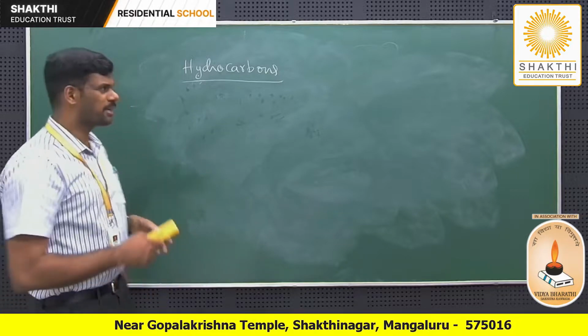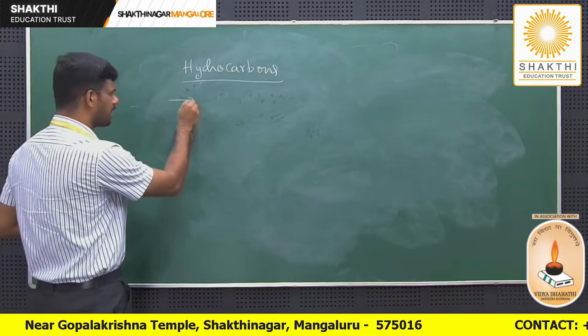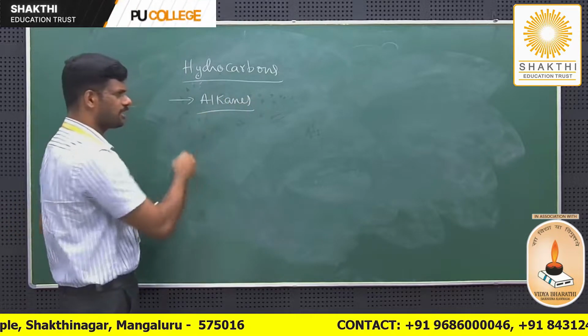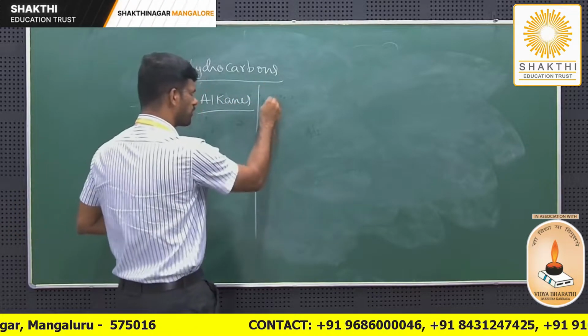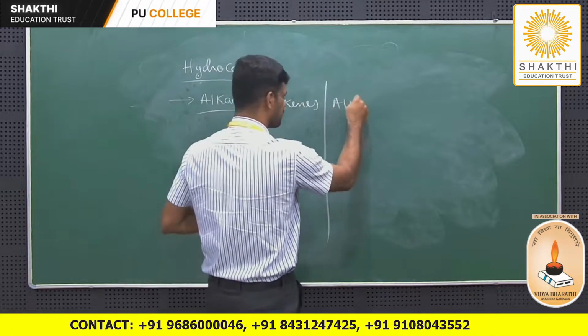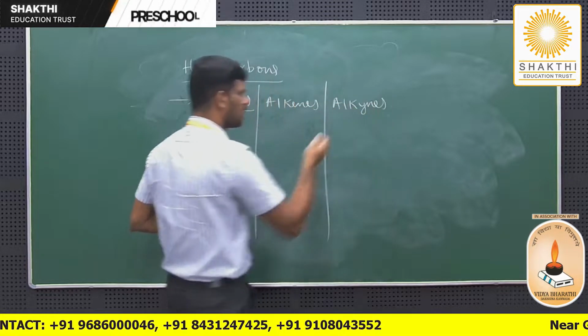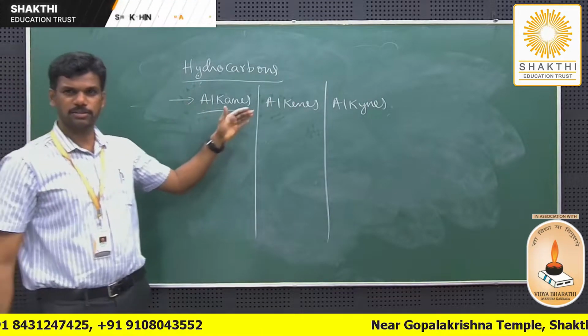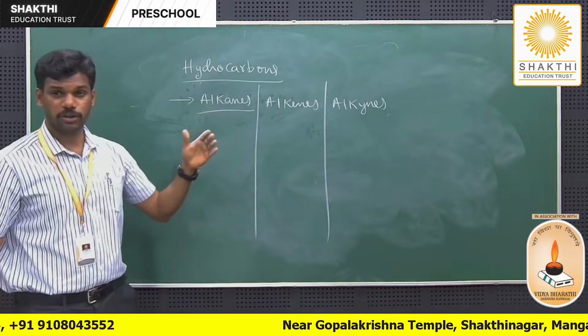Now, let's begin one by one. What are the types to study? First type, maybe in your schools, you have all studied alkanes. You have studied alkenes. You have studied alkynes. How to study these alkanes, alkenes and alkynes? I'm beginning with the smallest ones to prepare you well for your examination.